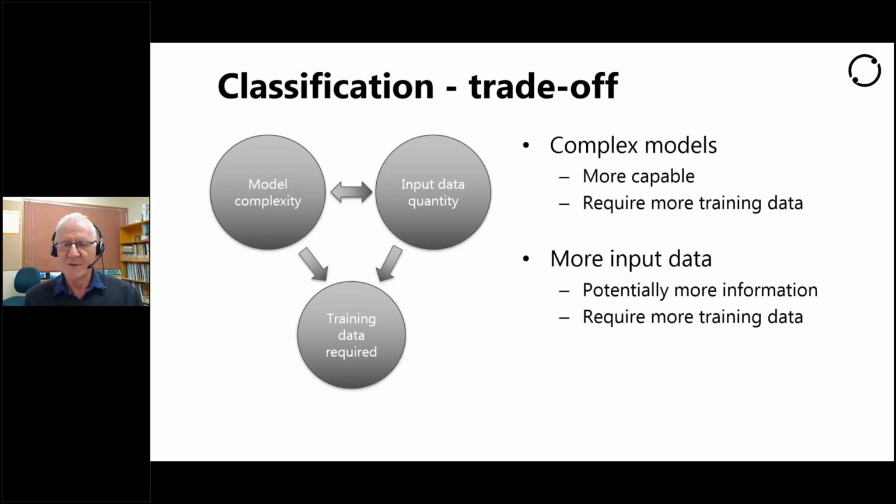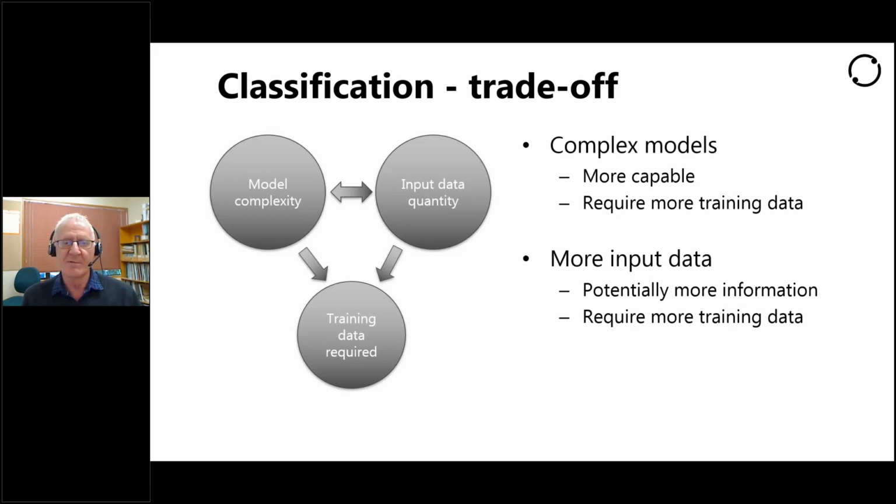More complex models allow the classifier to see a wider variety of target patterns or characteristics, so they're more capable, but they might need more input data to do that. And conversely, if you've got more input data, that almost implies a more complex model. However, both an increase in the model complexity and the amount of input data does imply that you need a larger amount of training data to support it.